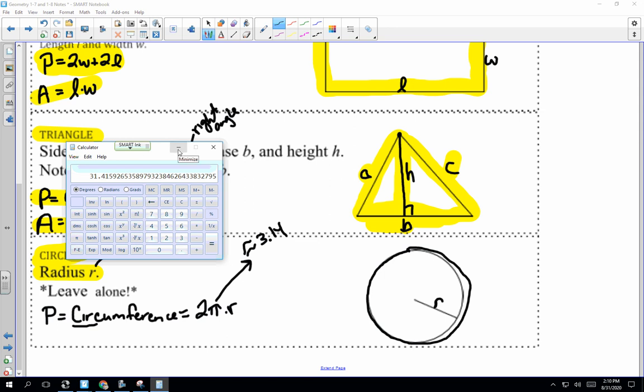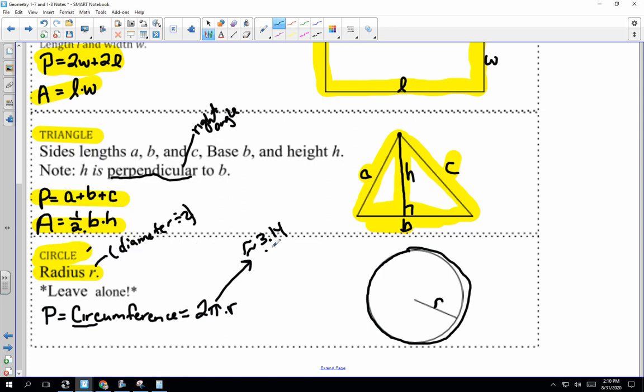Okay? So pi is usually its own little button on the calculator. If you have a scientific calculator at home, yours has a pi. If you don't have a calculator, go ahead and use 3.14. Just be careful because the rounding issues may come into play. Okay, the area of a circle is pi times the radius squared.